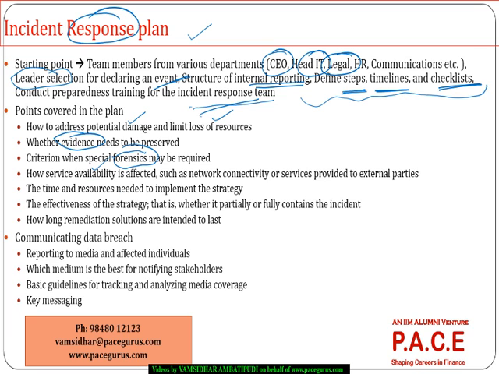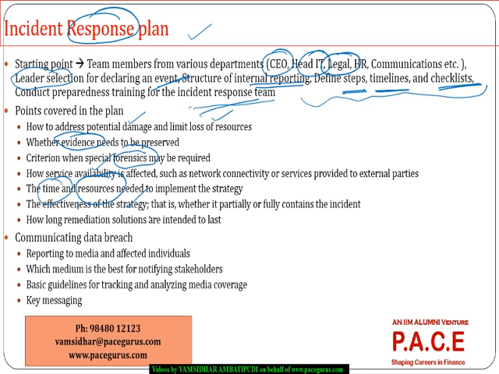Now, what kind of services got affected, especially network, connectivity, what kind of services that we are providing to third parties got affected because of this attack? How much time will we need to get back? How many resources, what kind of resources are needed to implement the recovery strategy?